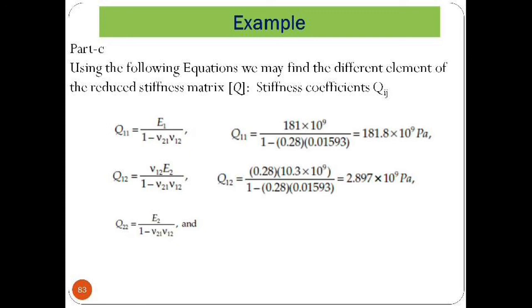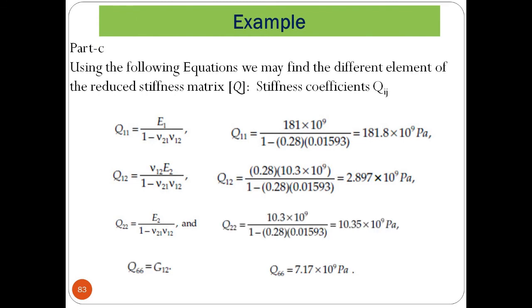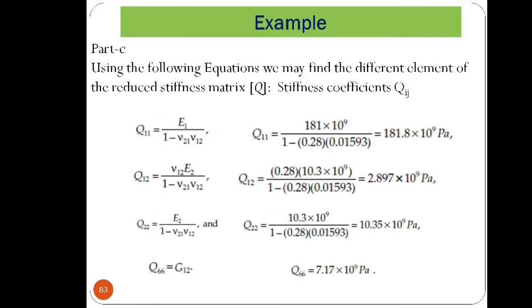Earlier we were dealing with the longitudinal direction, in which Q11 and Q12 were calculated, and now Q22 has to be calculated for the transverse direction. Similarly, Q22 equals 10.35 into 10 to the power 9 Pascal.